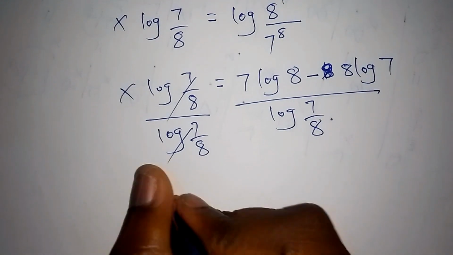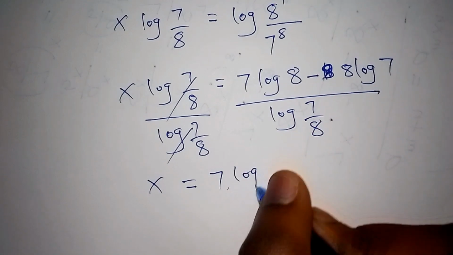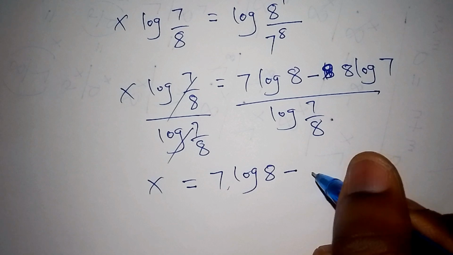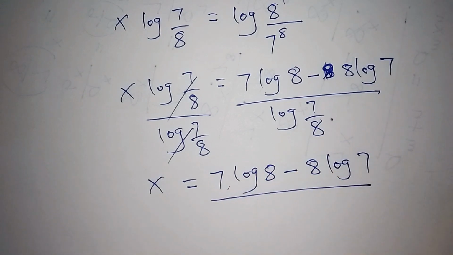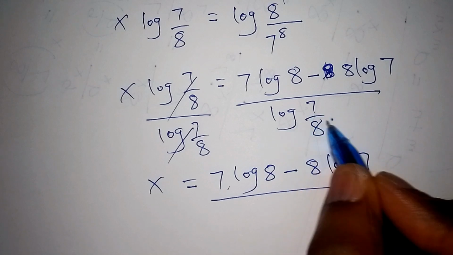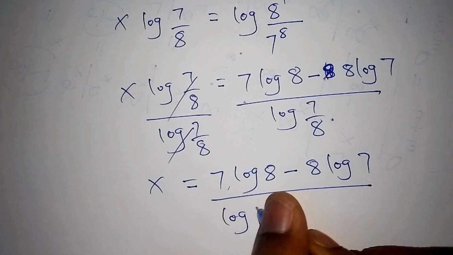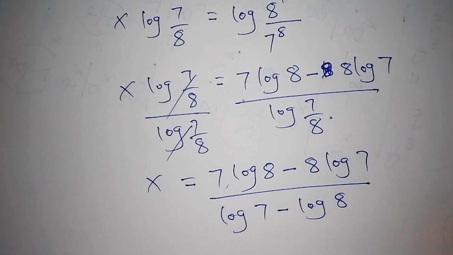Now our x equals 7 log 8 minus 8 log 7, all over the log of 7 over 8, which can also be written as log 7 minus log 8. That one we can apply using the law of logarithms, or the law of exponents. They still remain the same.